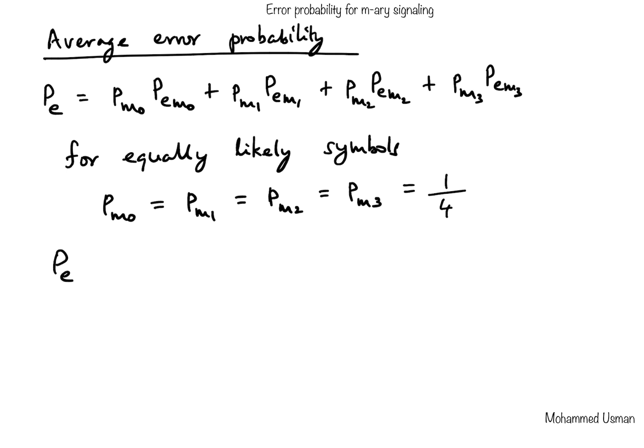So we can substitute that, as well as the error probabilities for each of the symbols.